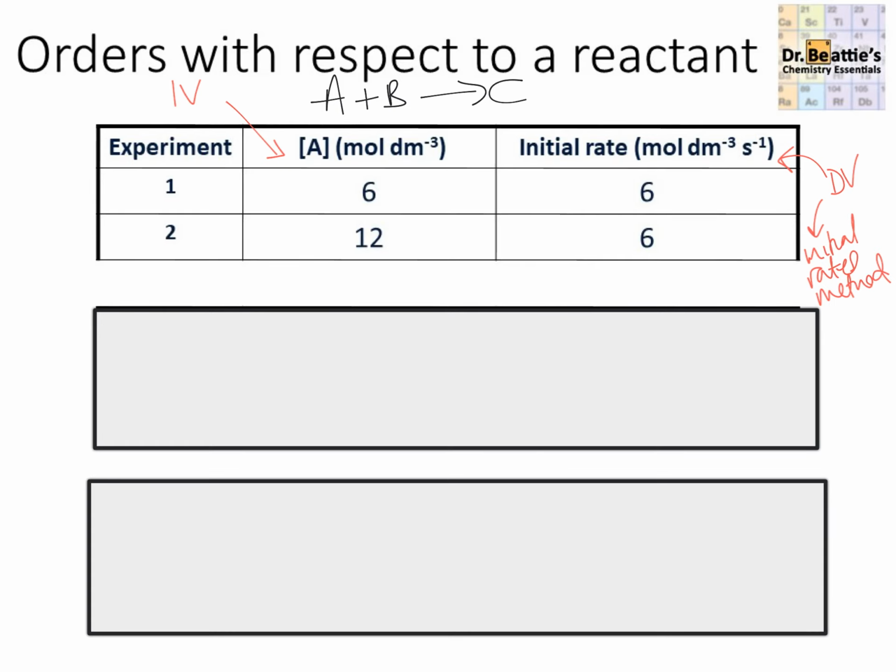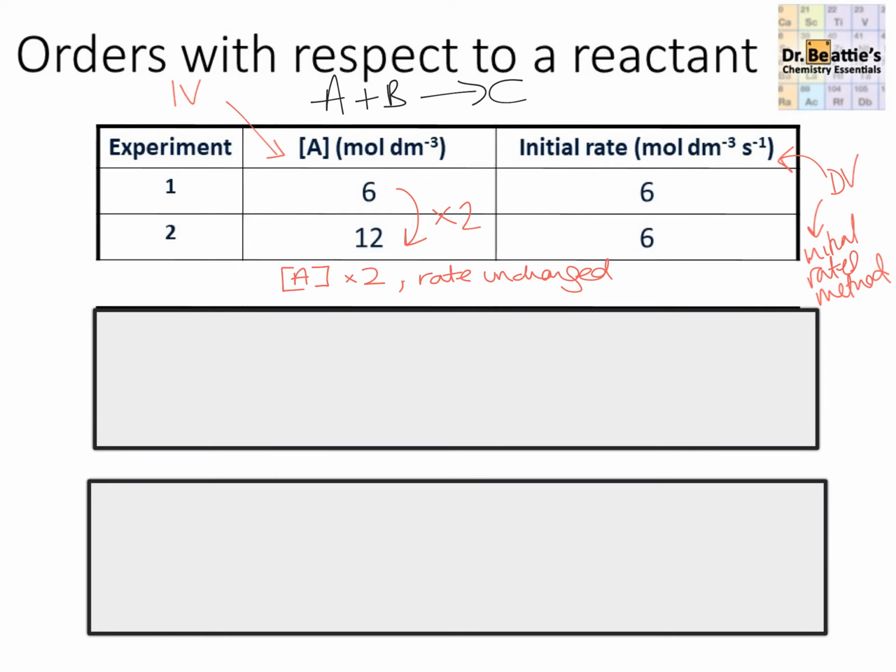So what has happened here is in experiment 1 to 2, we've doubled the concentration of A. Then what we want to do is consider how the initial rate, our rate of reaction, has changed if we've doubled A. Well, you can see here, comparing experiment 1 and 2 together, nothing has changed.